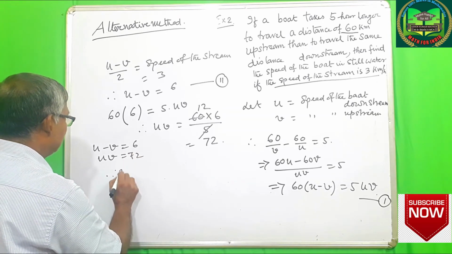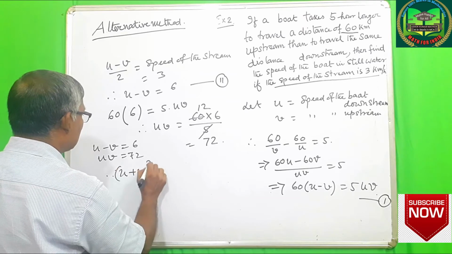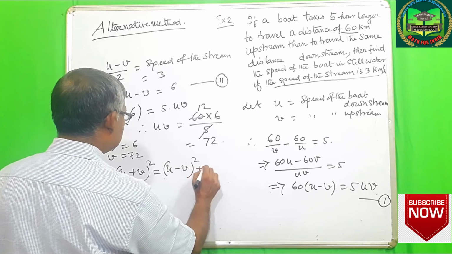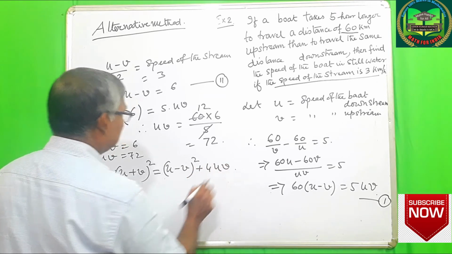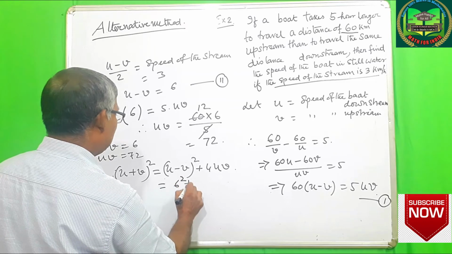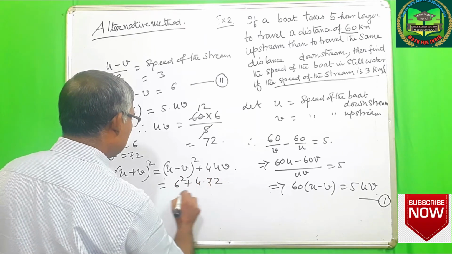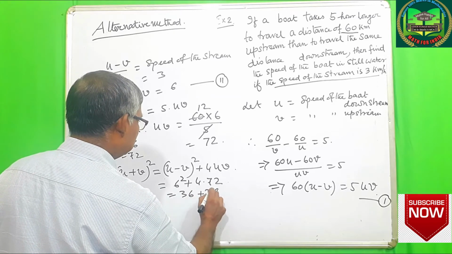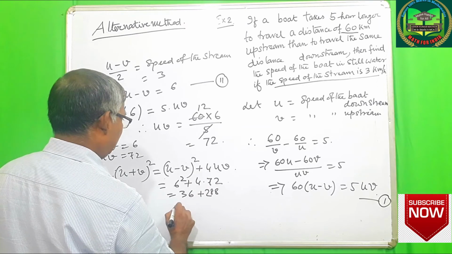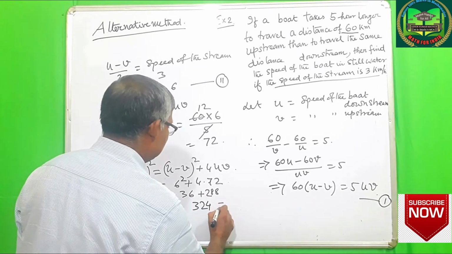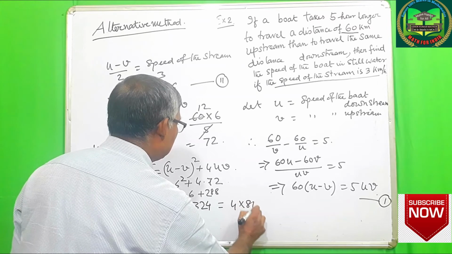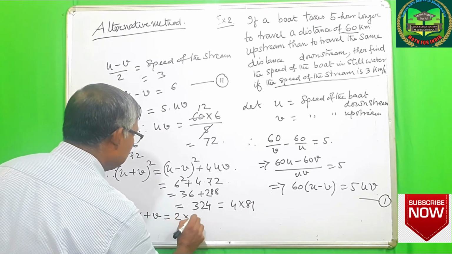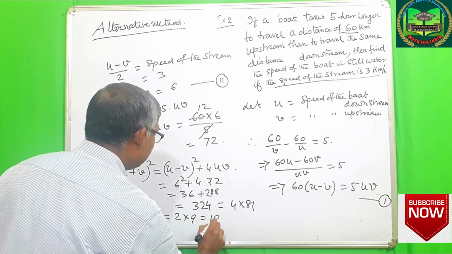Therefore, we can write (u plus v) whole square equal to (u minus v) whole square plus 4uv. It is 6 whole square plus 4 into 72, that is 36 plus 288 equals to, this can be written as 4 into 81. Therefore, u plus v equal to 2 into 9, that is 18.